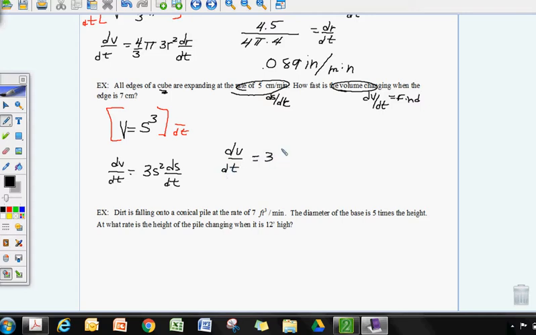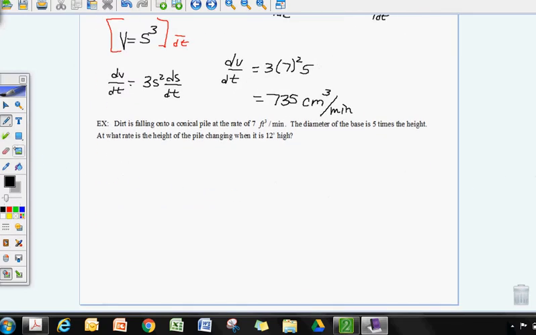It equals 3 times my edge, 7, squared, and my rate is 5. My dV/dt, when I work that out, should be 735. Now, this is a volume, so it would be centimeters cubed per minute, as we were in minutes in this case. Okay, last one.